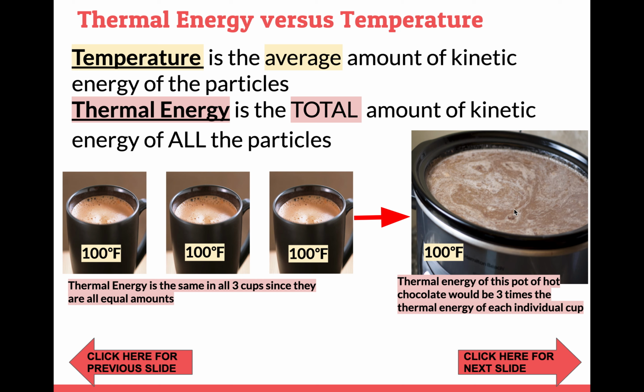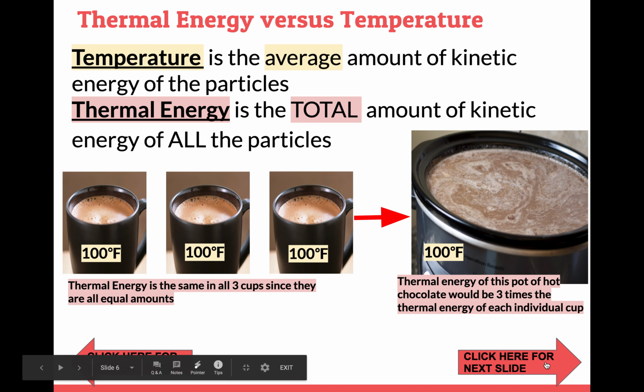On average, the particles are still moving at the same speed, so the temperature stays the same, but the thermal energy of this pot of hot chocolate will be 3 times the thermal energy of each individual cup because you're combining 3 cups together. The total thermal energy will be 3 times more.